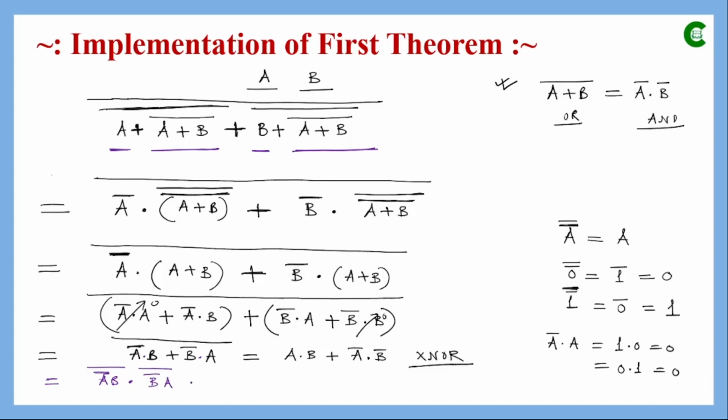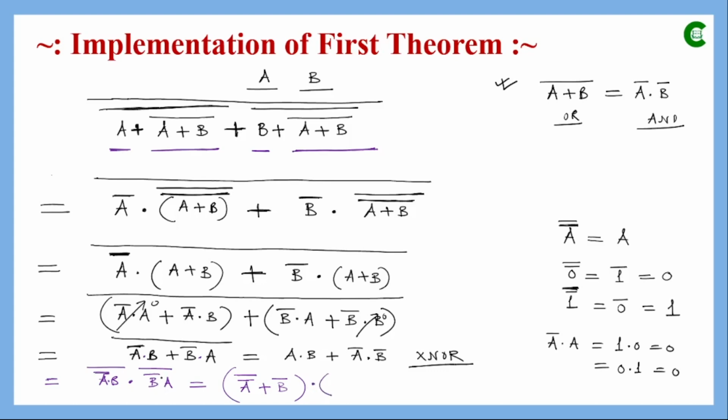Now what we have to implement is the second theorem of De Morgan that we will be learning next. As per that theorem, it will be the complement of the first variable, which itself is a bar. So a bar is our first variable, and then the complement of that, and then plus the complement of the second variable, and between them we have an AND operation.